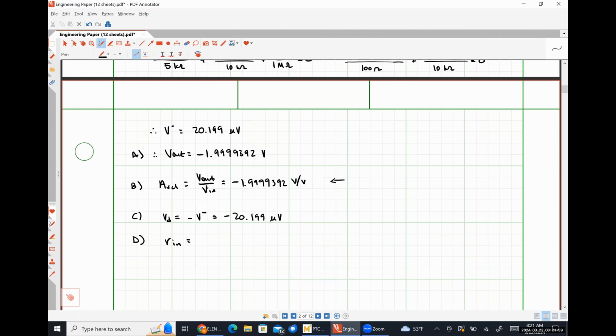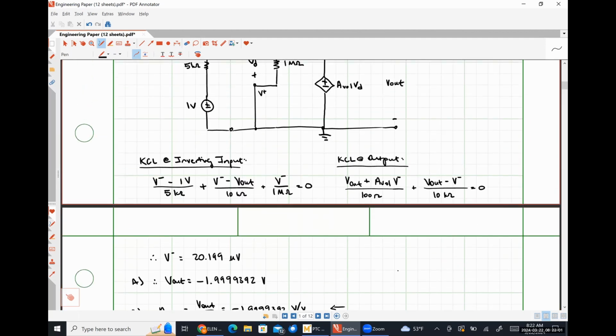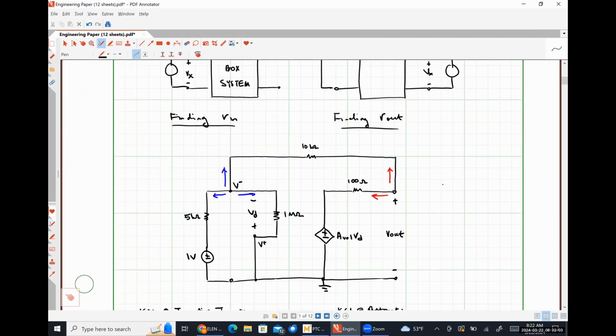our system input resistance. If we treat the 1 volt source that we applied here as our test source, so this is effectively Vx, the current leaving the positive terminal of that voltage source is our test current, and the ratio of that voltage to that current is the input resistance of the system.